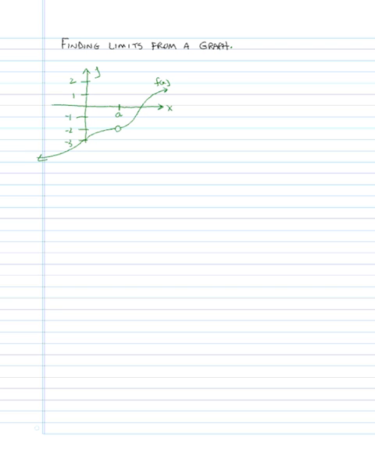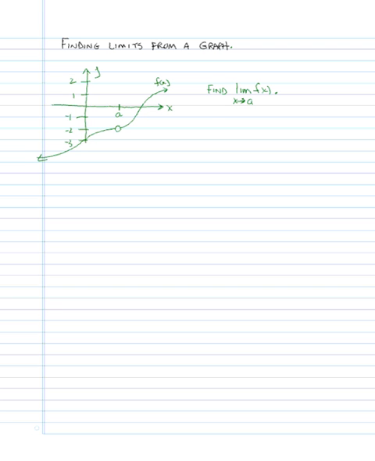And the question we're being asked now is to find the limit of f of x as x approaches this target number a. We don't even know what a is, but that doesn't matter. Now a couple of things I want you to notice before we do this calculation.